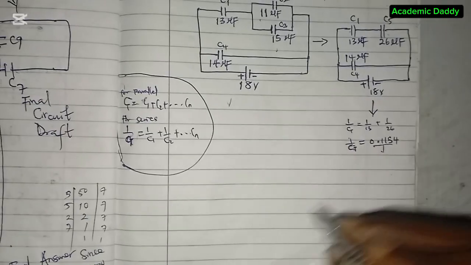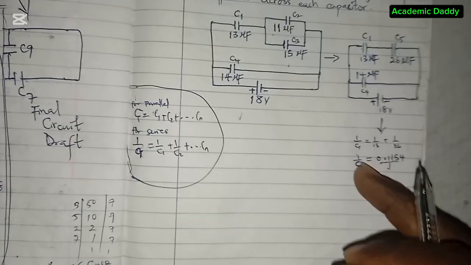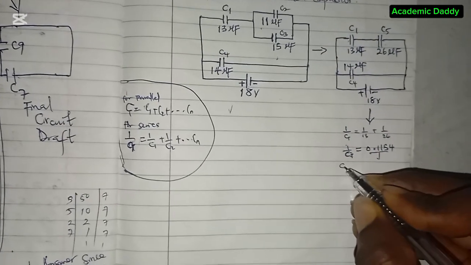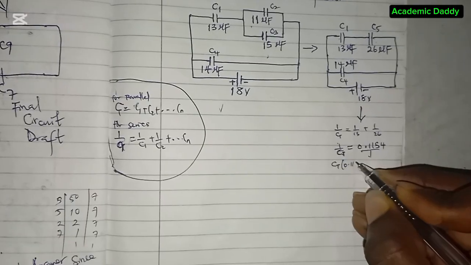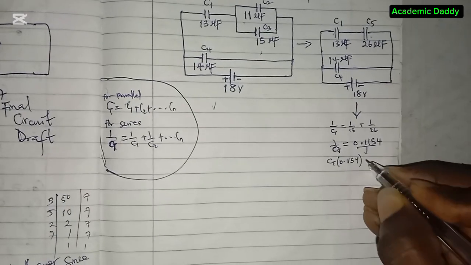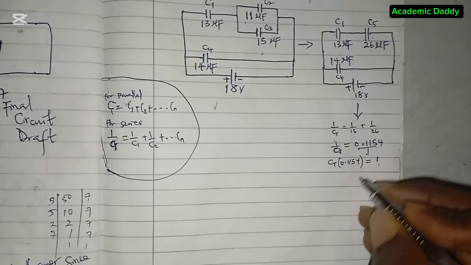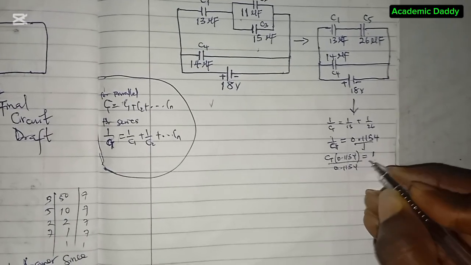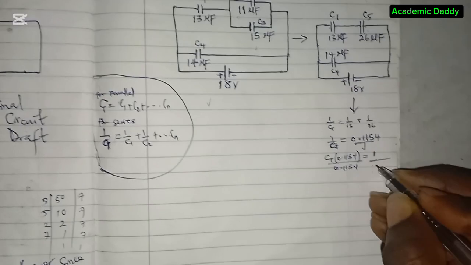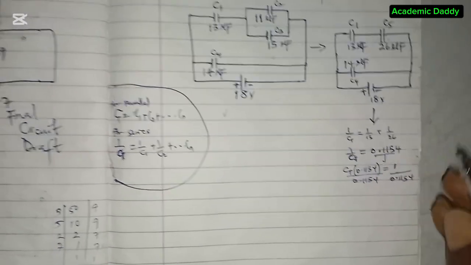So CT times 0.1154 equals 1. By the time you move this one down here, you divide both sides by 0.1154. I know somebody will want to ask why I didn't do it by LCM. I just want you to see how I'm doing it. If you like, you do your own by LCM, no problem.